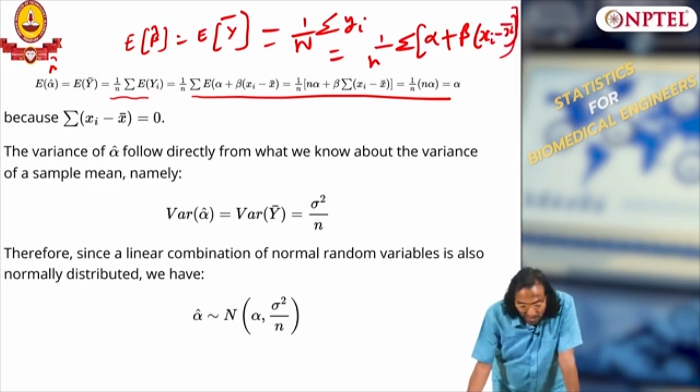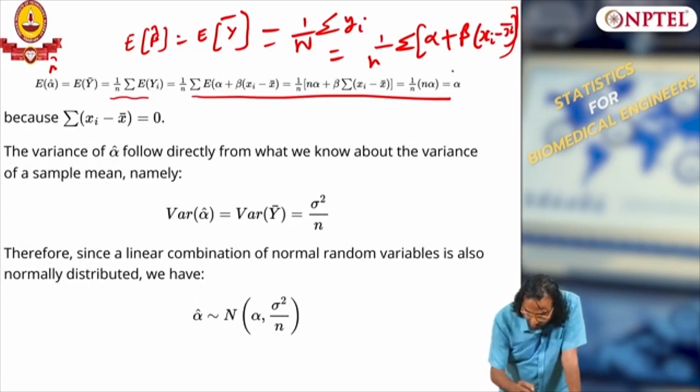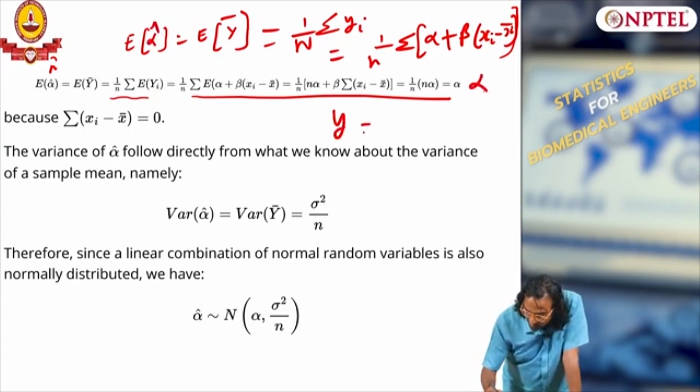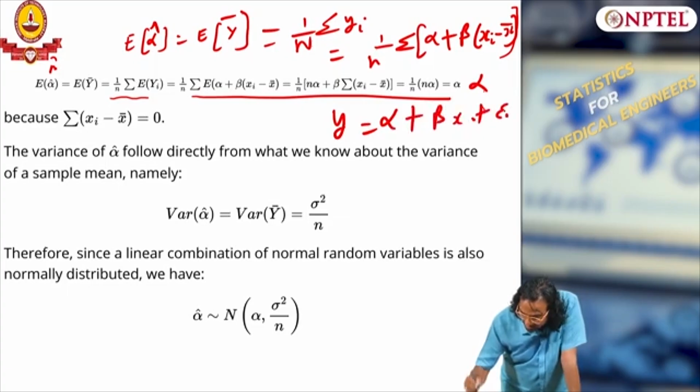right. So if you start doing this, you will get the value of alpha hat to be the original alpha, where y equals alpha plus beta x plus epsilon, right.